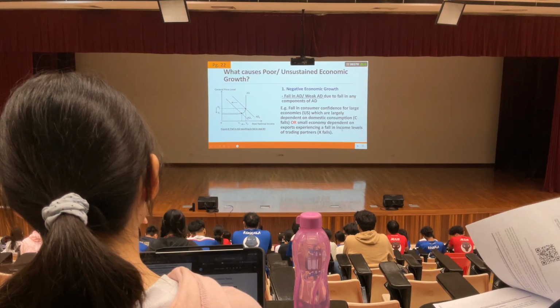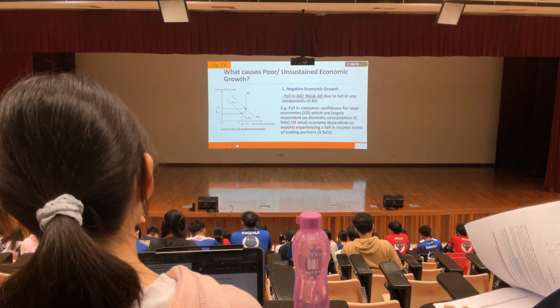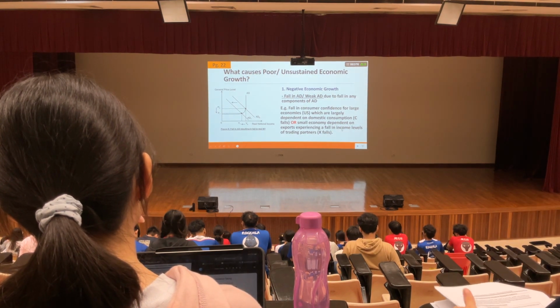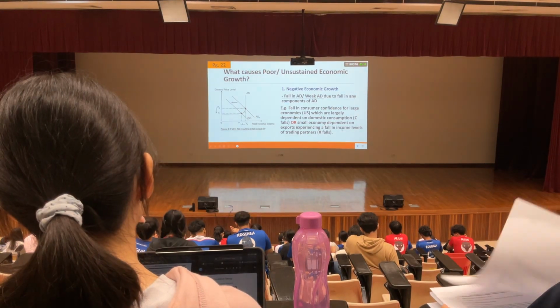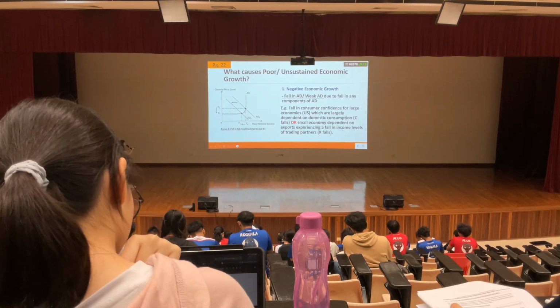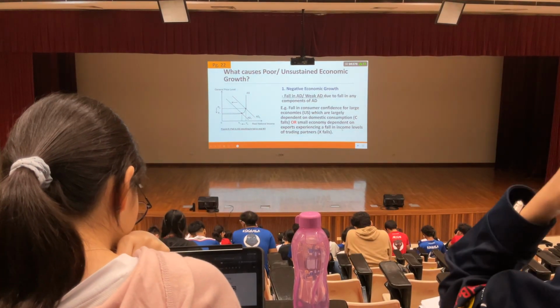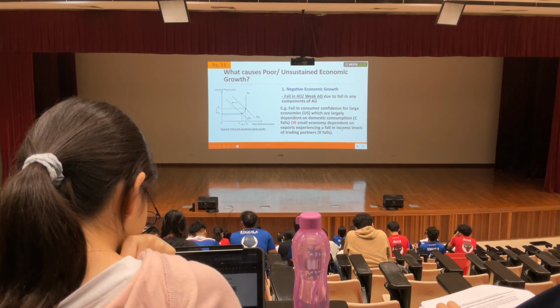Okay, so firstly, what causes poor or unsustained economic growth is that firstly, you have a negative economic growth. What is negative economic growth is when you have a fall in AD or a weak AD. What affects your AD is the components of AD, right?